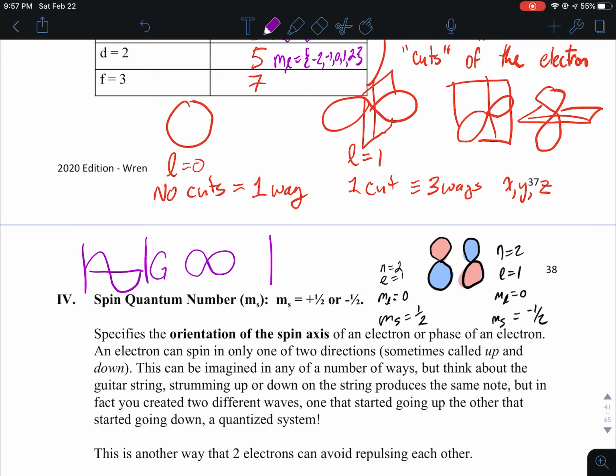It doesn't matter if you started your wave this way or this way, right? As soon as you spun them in 3 dimensions, you would get the same shape. So we get the same shape no matter what. It doesn't matter if the wave was going one way or the other way.